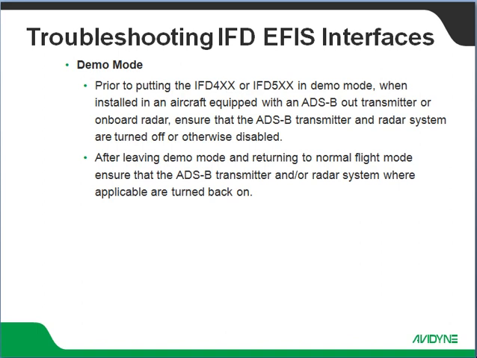Anything that might be tied into the pseudo weight on wheels out of the IFD, make sure those breakers are pulled, because when the IFD goes into demo mode, anything connected to it will think it's in the air. That includes autopilots, EFIS systems, the whole nine yards. So be aware of it and take precautions.